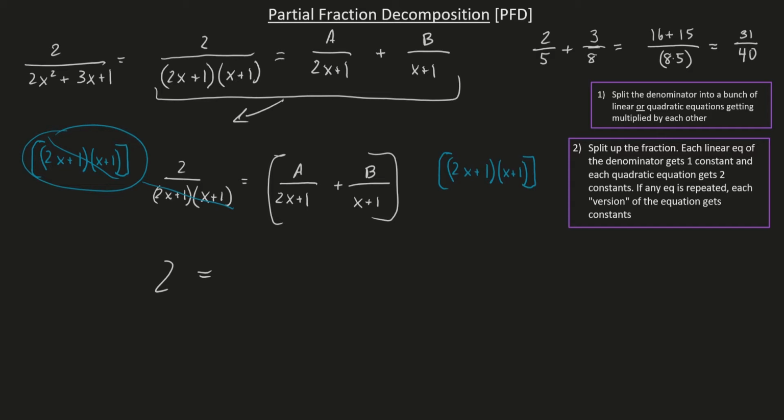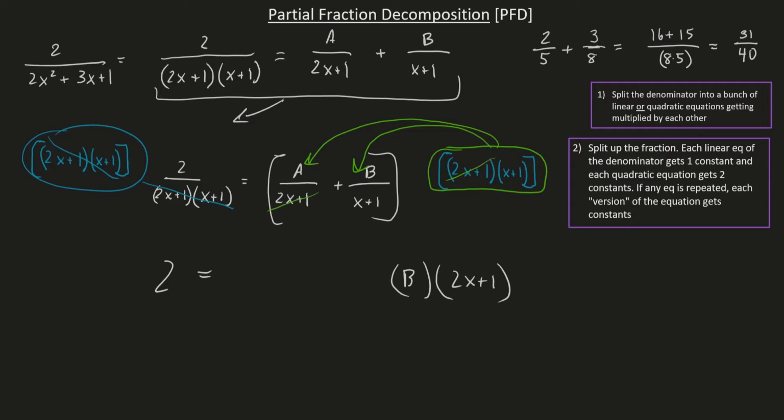And on the right side, this whole denominator foils with this first term, and we get one cancellation, and we're left with b times 2x plus 1. And it foils into the second term, and we get a cancellation with the 2x plus 1 and this 2x plus 1. So we're left with a times x plus 1.